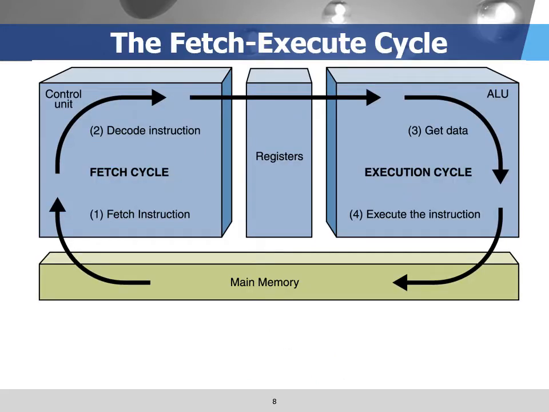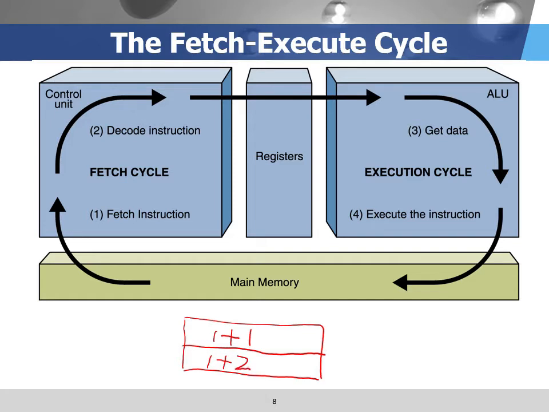Now let's look at the fetch and execute cycle. At the bottom of the picture is the main memory. Suppose we have 2 memory cells that store 2 instructions. The first instruction is 1 plus 1. And the second instruction, let's say, is 1 plus 2.